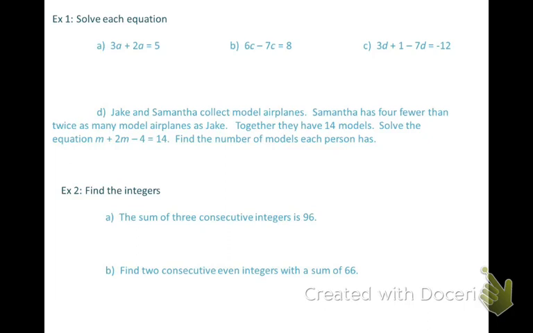So, we're going to start off with some of the basic stuff that we have done for one-step equations. If you remember, we started off on one-step equations.